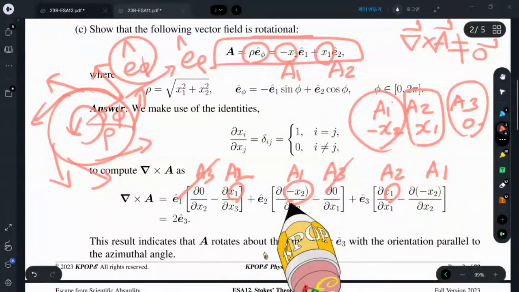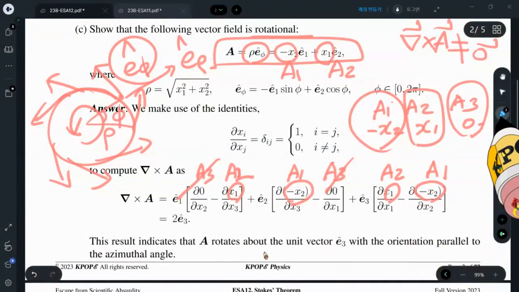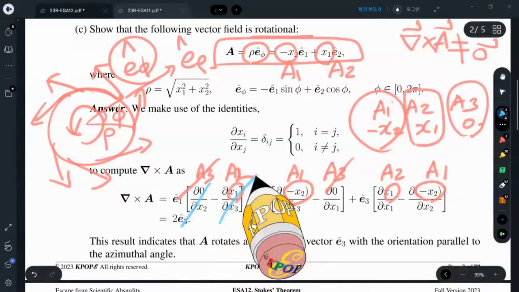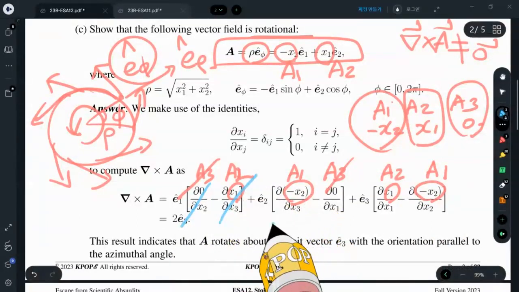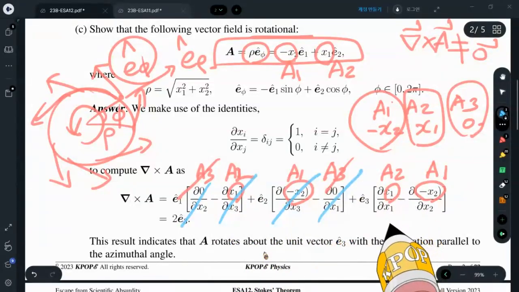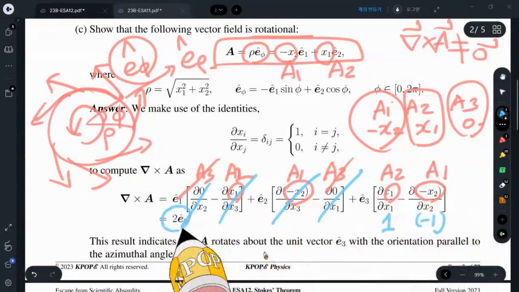Now the derivatives: 1, 3 are different, 0. 2, 3 are different, 0. 1, 1 same, 2, 2 same. The sum of them is 2 times e3.